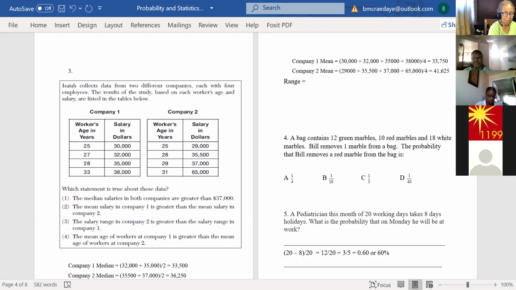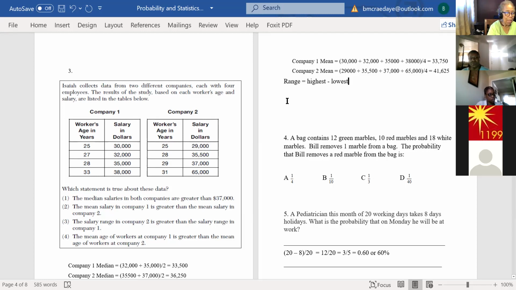I forgot how to find it. Vanessa, how do you find range? Smallest number. No, let me see. Range is what? From greatest to least, highest to the lowest. Highest minus the lowest. Yes, that's how you find the range.